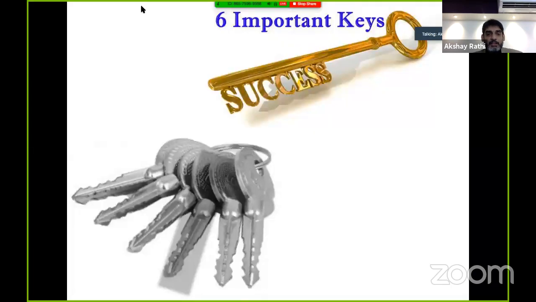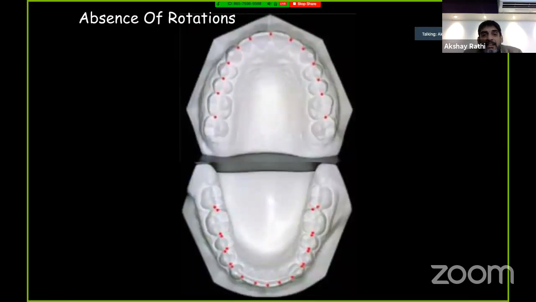Let's move to the next point. This is simple. Your teeth must not be rotated. They should have the proper mesiodistal contacts with the adjoining teeth. If an anterior tooth is rotated, it interferes with the smile.